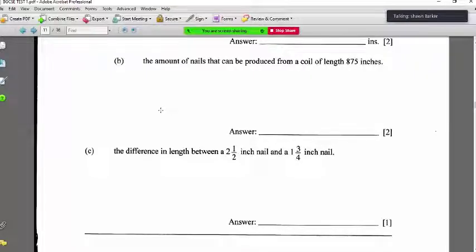Or you can just look at it in terms of the whole numbers here, 2 and 1, right? 2 minus 1 gives me 1, right? 1/2 minus 3/4. Okay, so then in terms of a quarter, how much is a half in terms of a quarter?